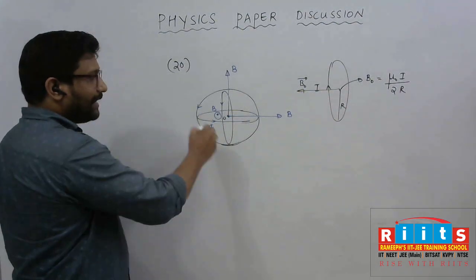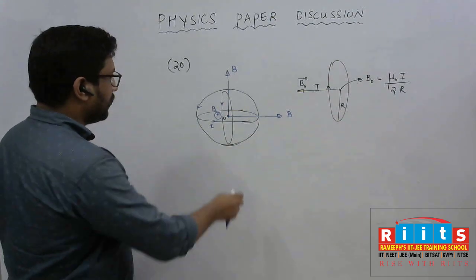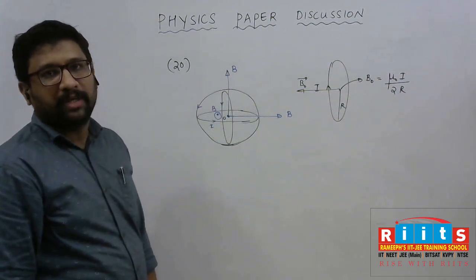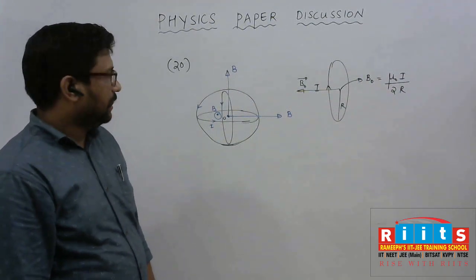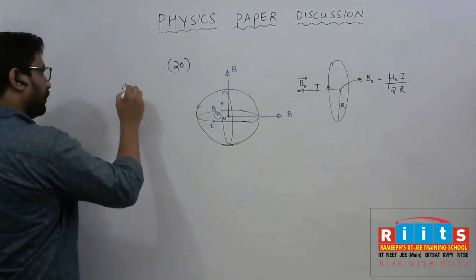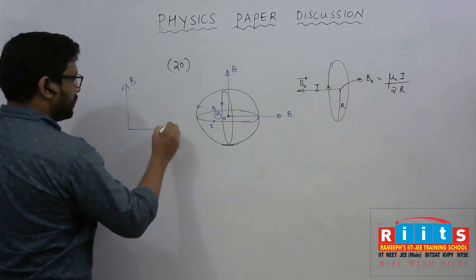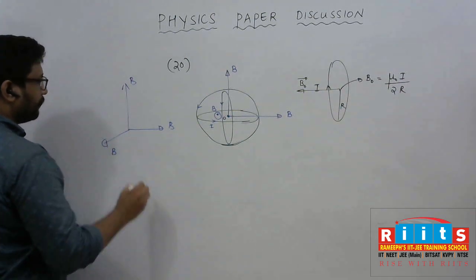So these are 3 identical magnetic fields from the 3 identical coils because of the same value of current. These 3 magnetic fields B, B and B are mutually perpendicular.